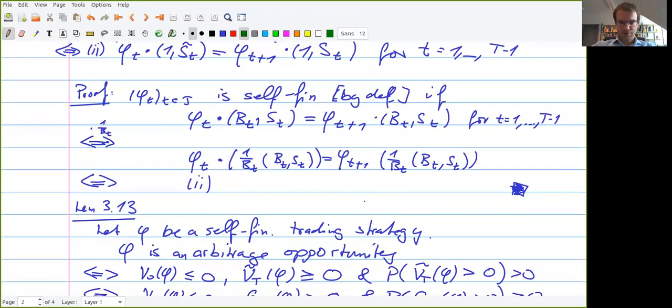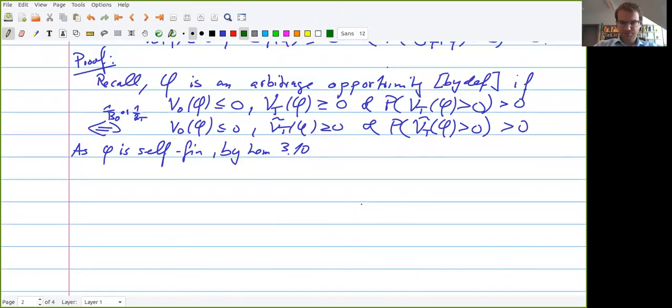So let us use this observation, and we apply it to the terminal time T. So the discounted value process at time T is equal to the initial capital plus the discounted gains up to time T. Right?